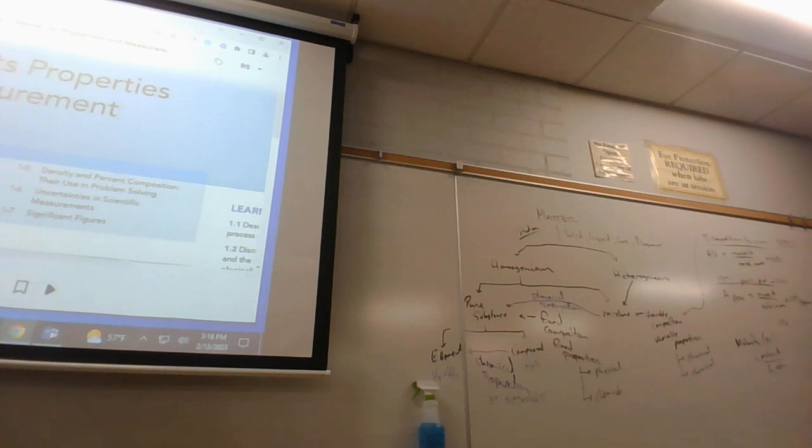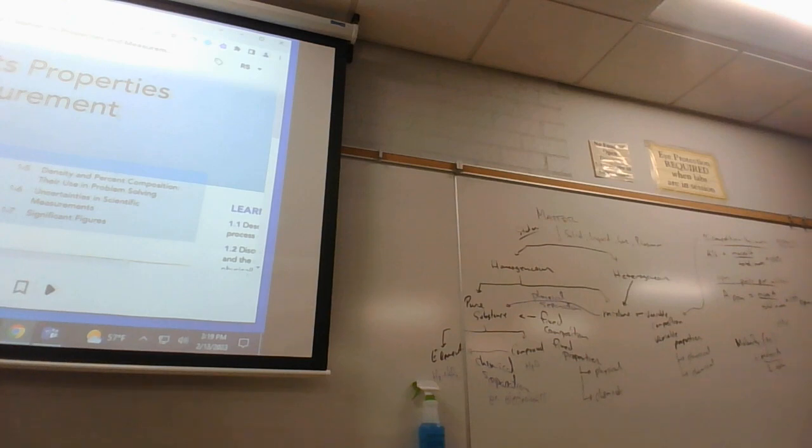So for example, length. What is the SI unit of length? Meters. And then we have something called derived units. So area would be a derived unit. Area is you take the base unit and just square it, length times width. So we get meters squared.